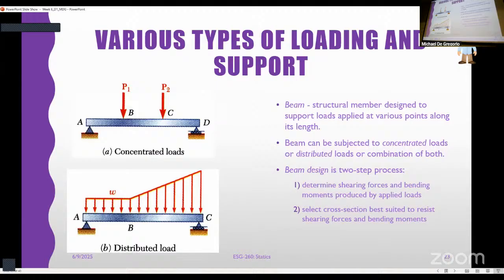I want to be able to look at a drawing or a picture and understand that no matter where I am along that beam, I can figure out what the shear looks like and what the bending moment looks like. Why? Well, from a structural standpoint, if I can tell where our maximum moment is and our maximum shear is, I can make design decisions based on those points, right? I can understand where I think things are going to break, and I can make a plan to hopefully have them not break, right?